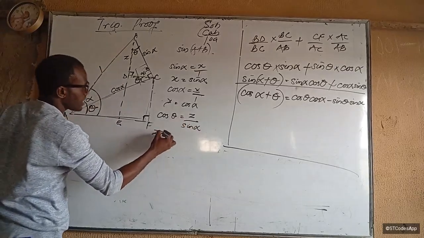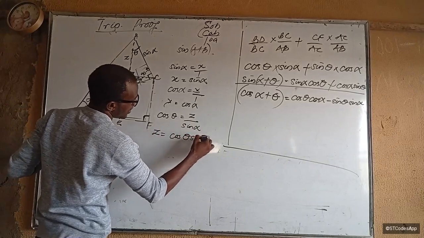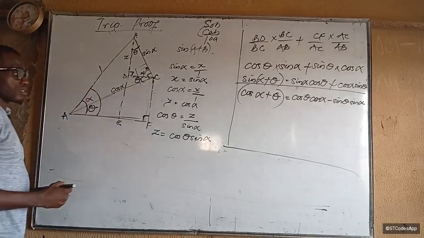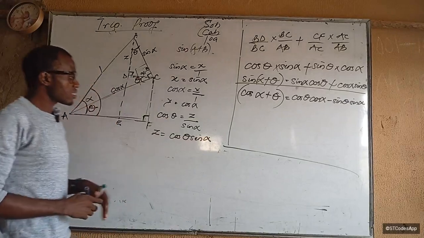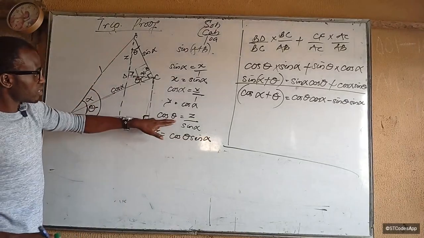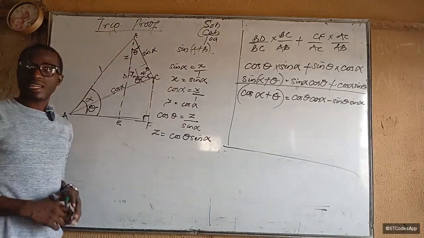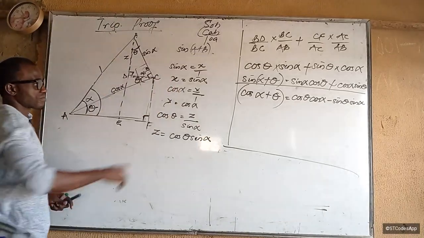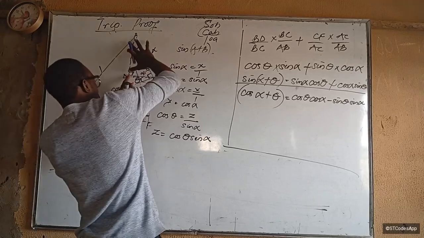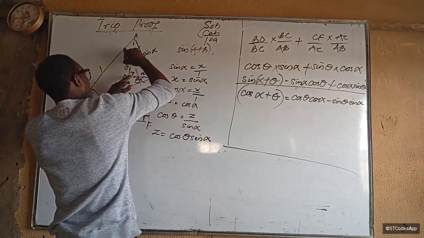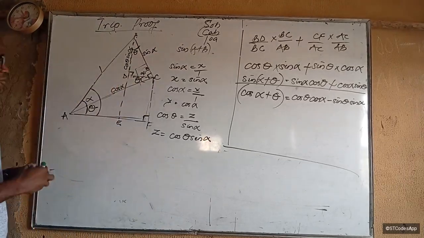Meaning that Z is equal to cos theta sine alpha. Cos theta, because it is cos theta we're trying to take to get Z, adjacent over hypotenuse. Exactly. So that is the value of Z, meaning that this small part here has become cos theta sine alpha. Okay, don't get confused.